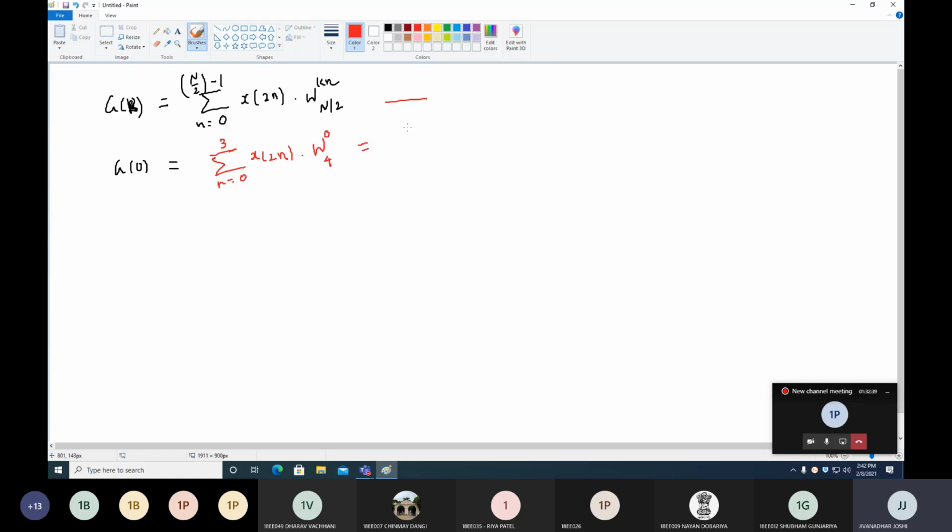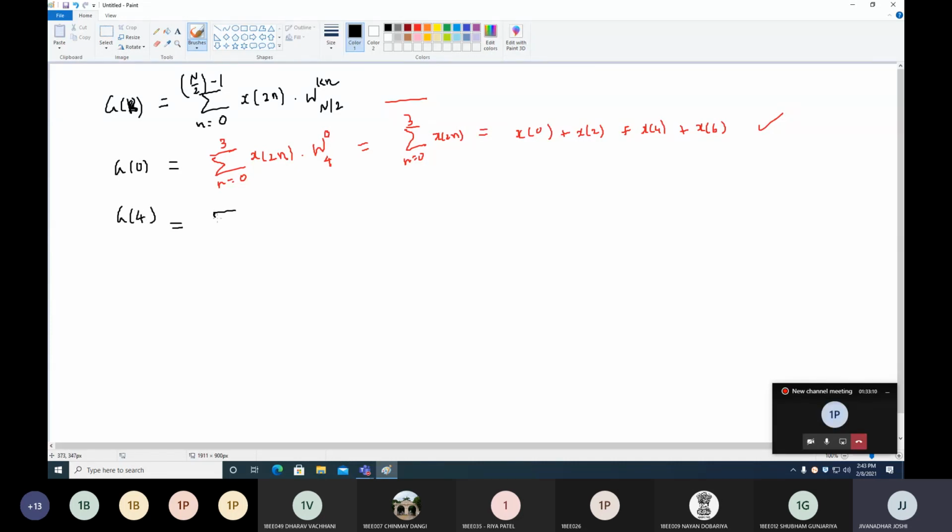So this is just equal to summation n equal to 0 to 3 of x of 2n. Releasing the summation sign, we have small x of 0 plus small x of 2 plus small x of 4 plus small x of 6. Is it correct? Yes, sir. Correct.